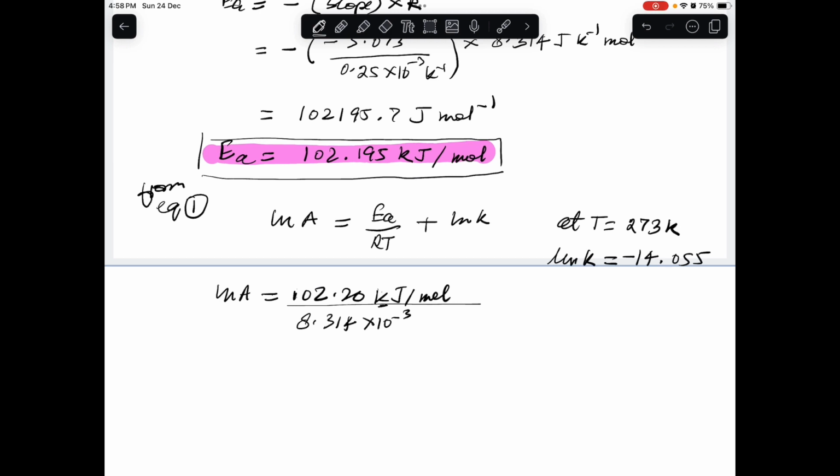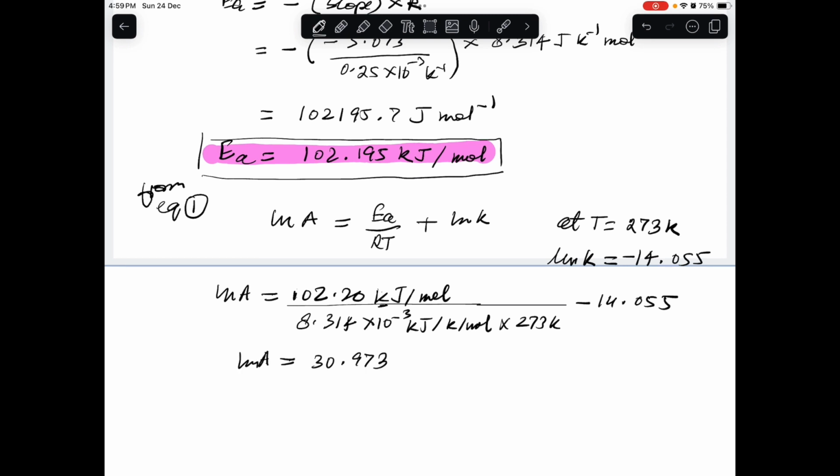So its unit will now be kilojoule per Kelvin per mole, into 273 Kelvin temperature. Then minus 14.055. After simplification, the value will come as 30.973 as the value of ln A.